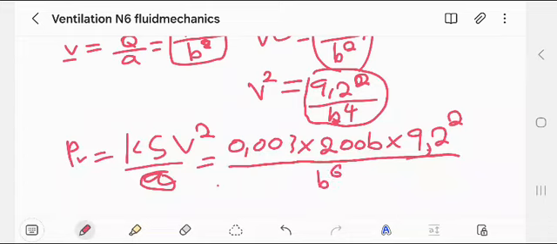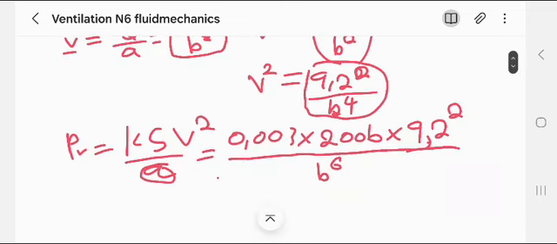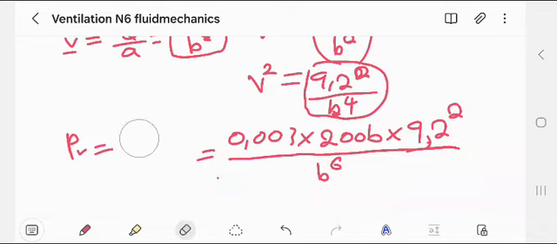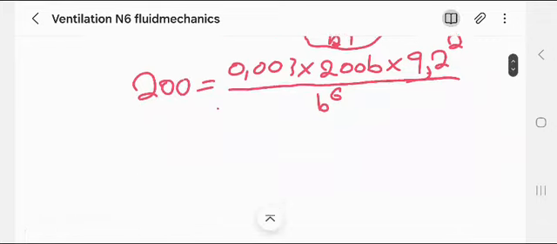All right, we have the pressure here. Remember all of this is equal to what, to the pressure here. Pressure is 200b, as we have seen there.